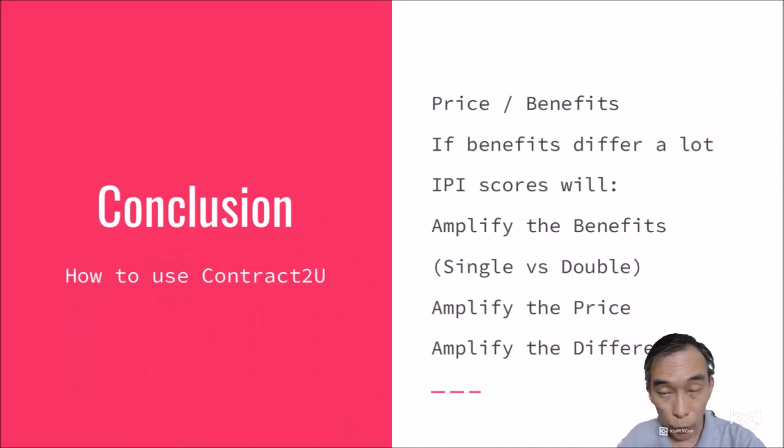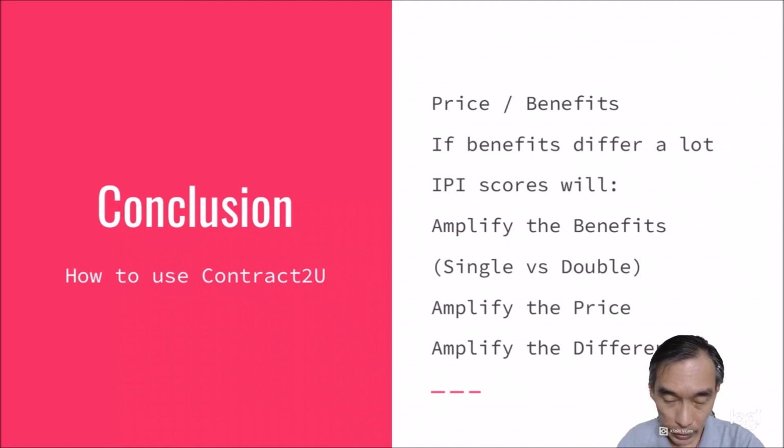Let me conclude. We are talking about the comparative index IPI, using price per benefit as a measurement for reaching a decision, how to make a decision for a purchase. It gives us the benefit that differs from one listing to another listing, and it will amplify the benefits.